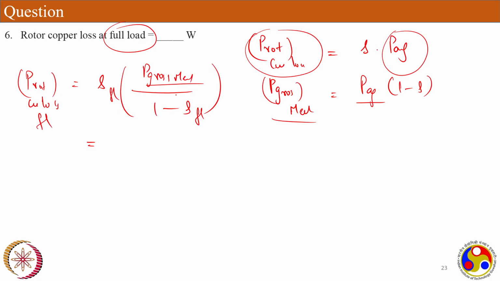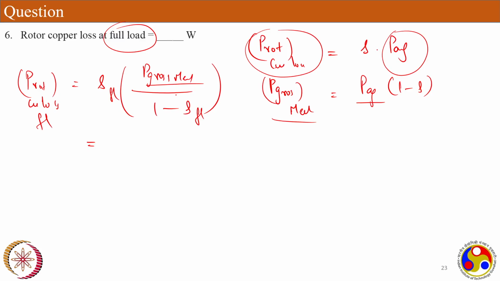And now we are asking about the ratio of starting current to the full load current. It's simple: if you know the ratios of torques, it's just substituting. Torque is nothing but 3 I square R divided by 2 pi n, that's a constant.